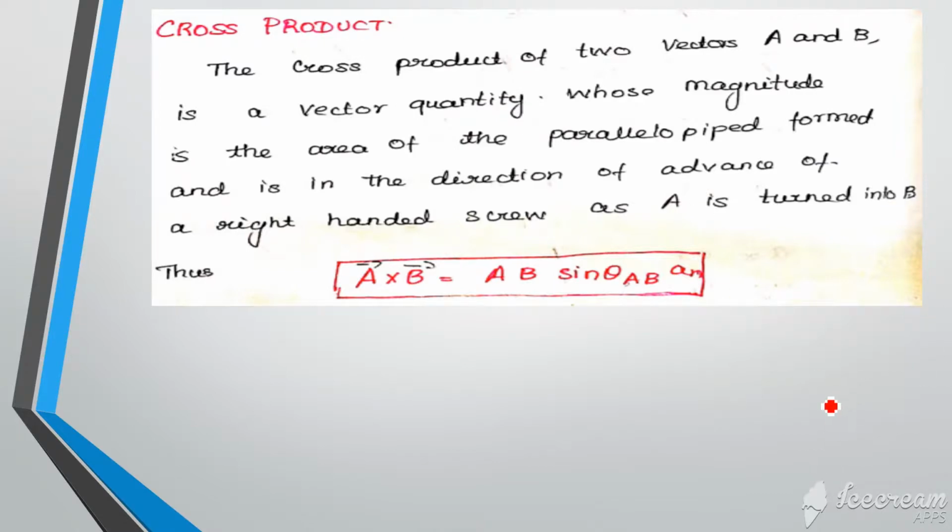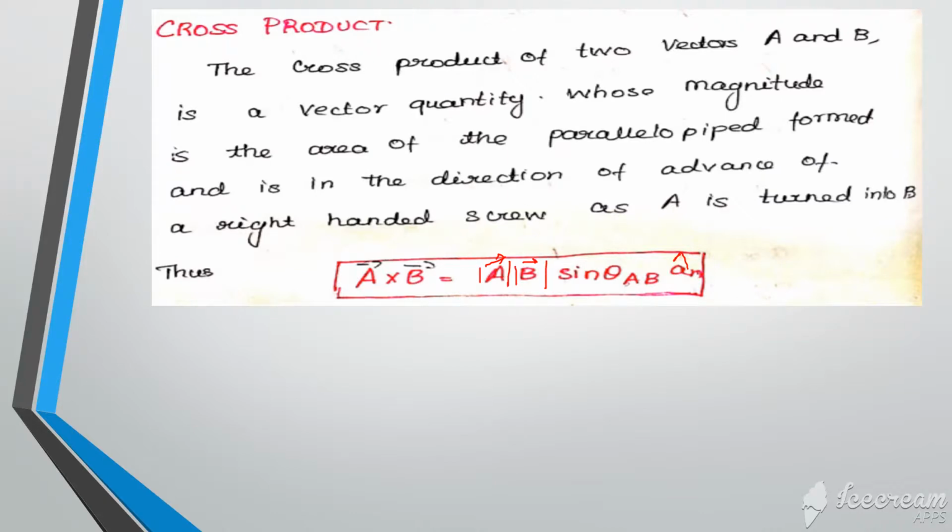Here we consider two vectors, a cross b is equal to mod a vector into mod b vector into sine of the angle between a and b into an, where an indicates a normal vector, a unit vector perpendicular to both a and b. Unit vector perpendicular to both a vector and b vector.